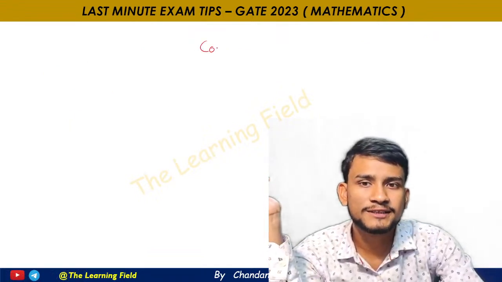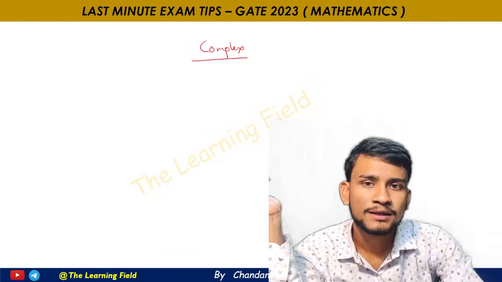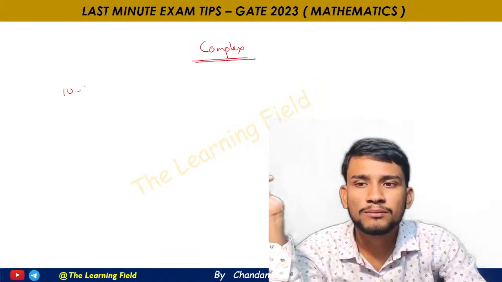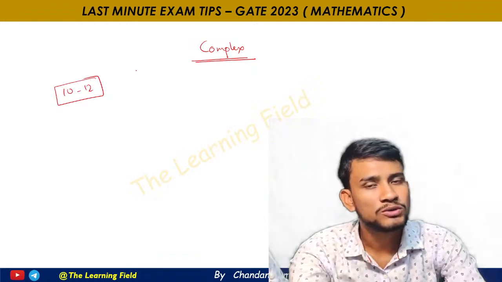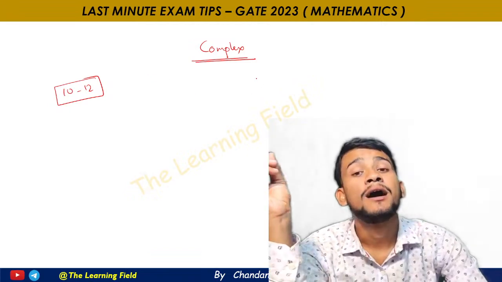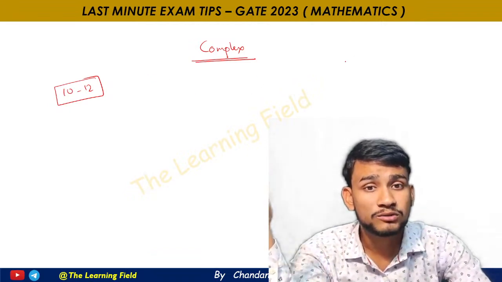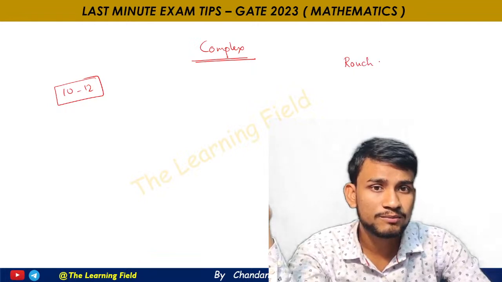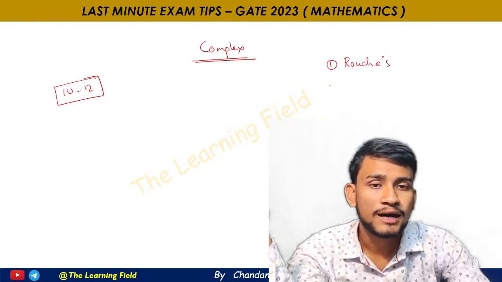In complex analysis, 10 to 12 theorems we all know. These are the standard theorems. For example, they took questions from Cauchy's principle and argument principle.